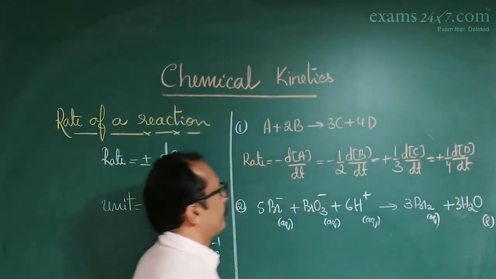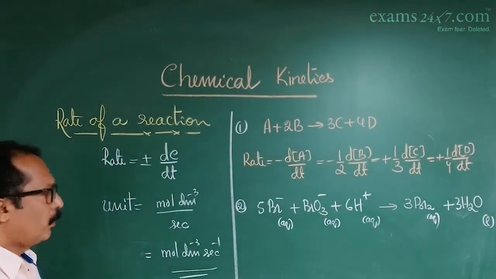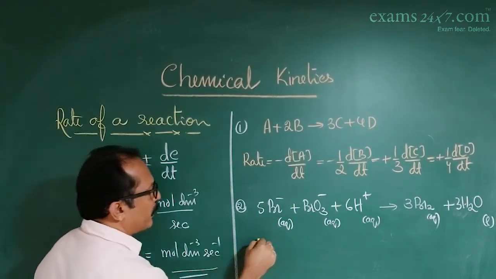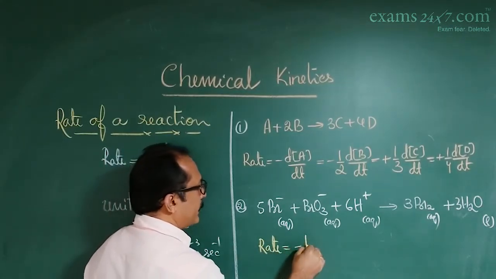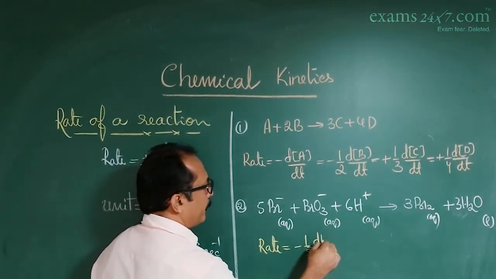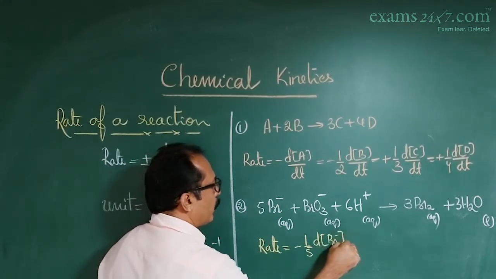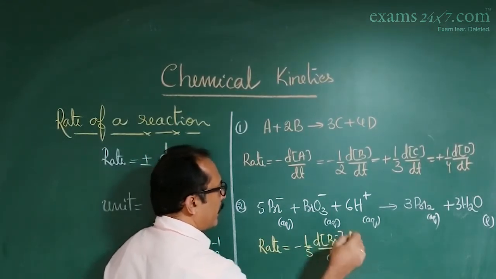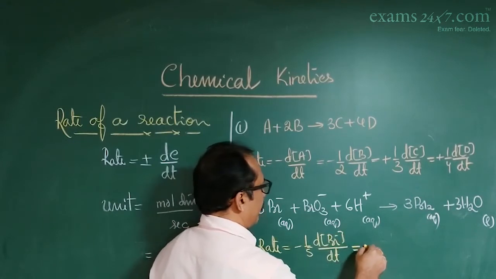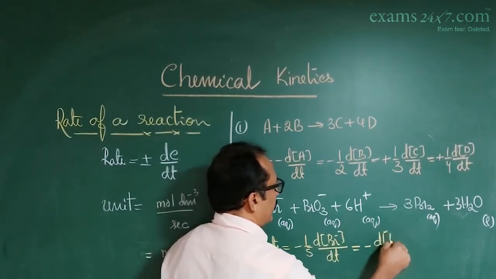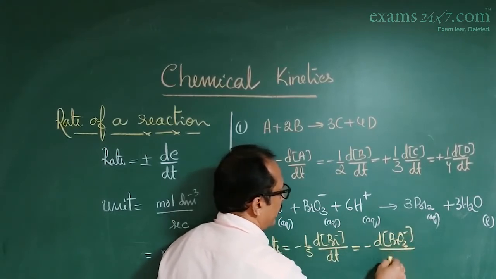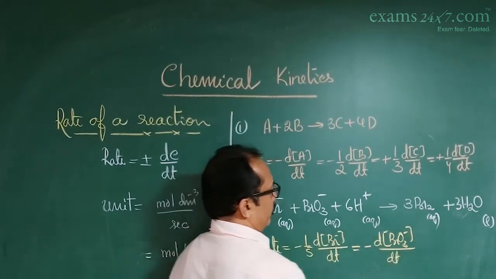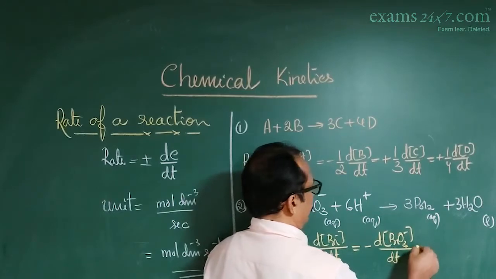So the representation of rate of the reaction: the rate is equal to minus 1 by 5 change in molar concentration of bromide ion with respect to change in time, minus change in molar concentration of BrO3 minus ion with respect to unit time.